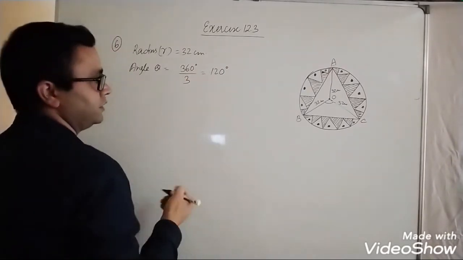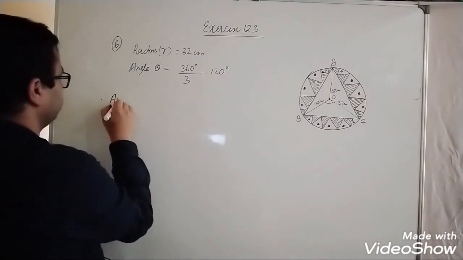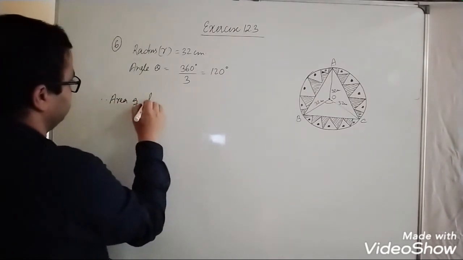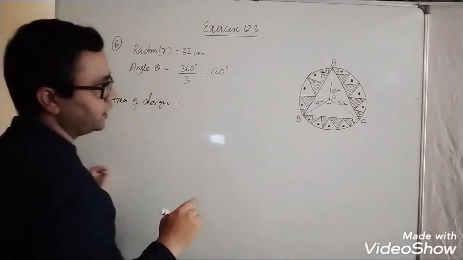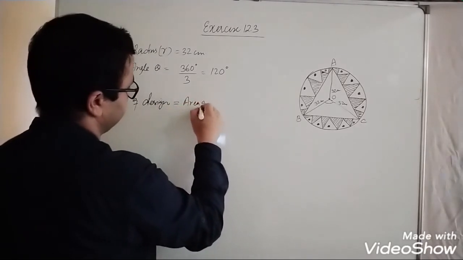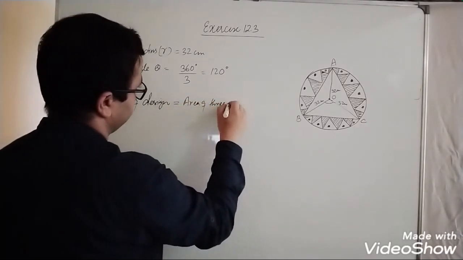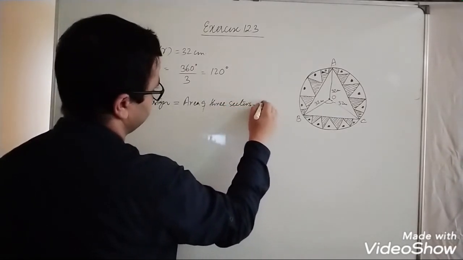Now we can calculate the area of design. Therefore, area of design equals area of 3 sectors minus area of 3 triangles.